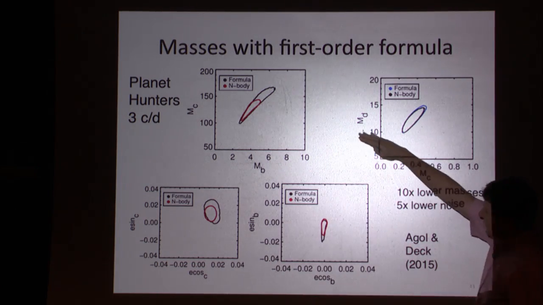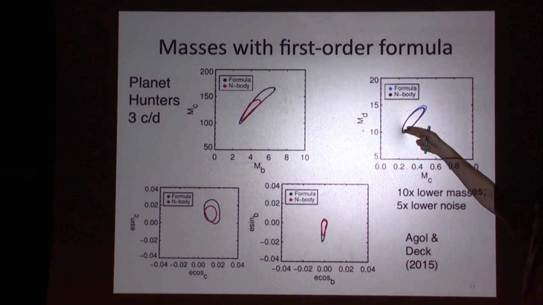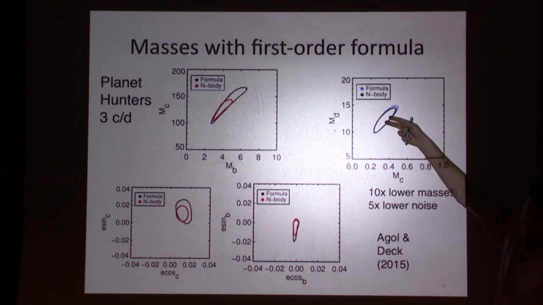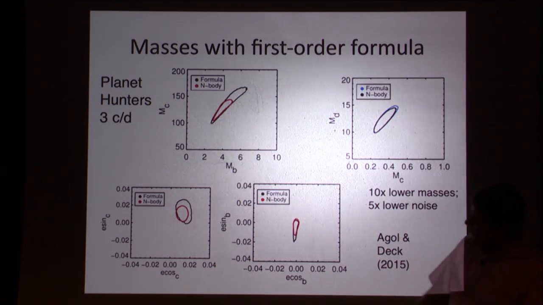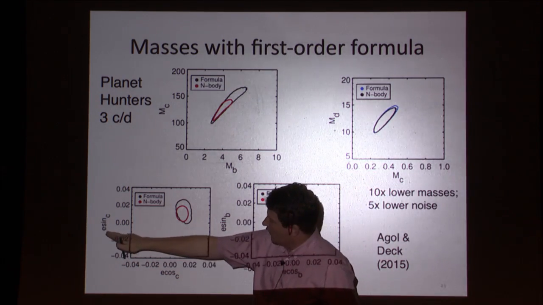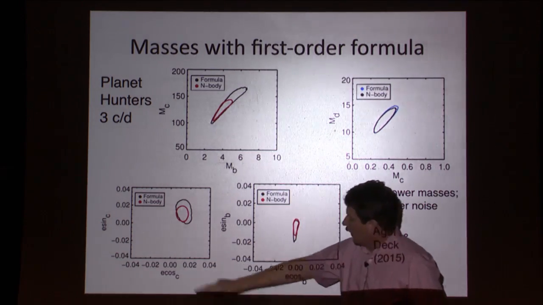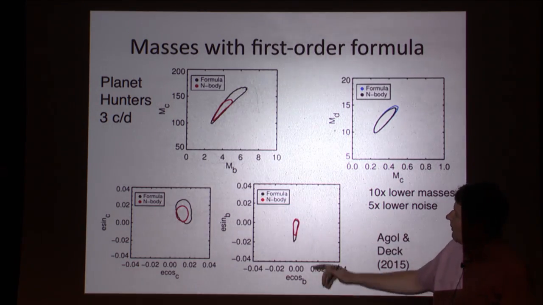If you decrease the masses of the two planets by a factor of 10 and decrease the noise by a factor of 5 and rerun these simulations, the n-body and the analytic formula agree extremely well in measuring the masses of those two simulated planets. The bottom left shows the eccentricity vectors e sin omega c, e cos omega c, e sin omega b, and e cos omega b.